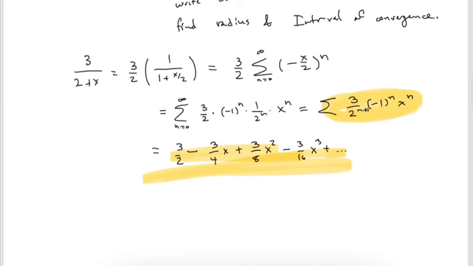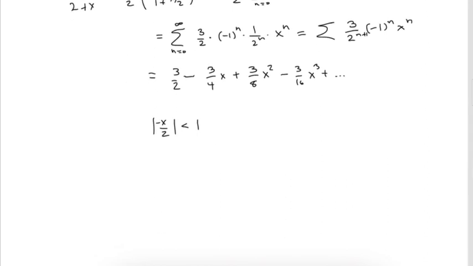And then what about the convergence? For the convergence, we say x over 2 less than 1. Actually, negative x over 2 in absolute value is less than 1, but the negative ends up not mattering. We multiply the 2 to the other side. It'll say absolute value x less than 2.